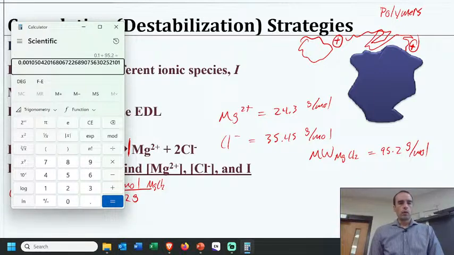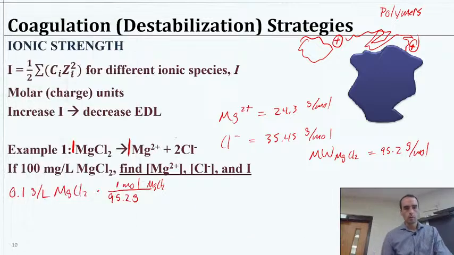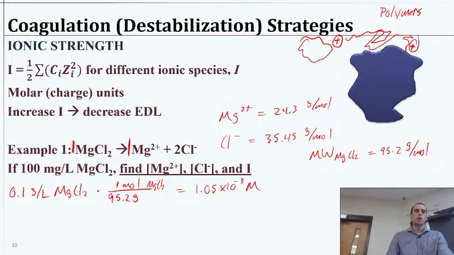A value of, let's say, 1.05 times 10 to the minus 3 moles per liter. So that's the number of moles of MgCl2 per liter.